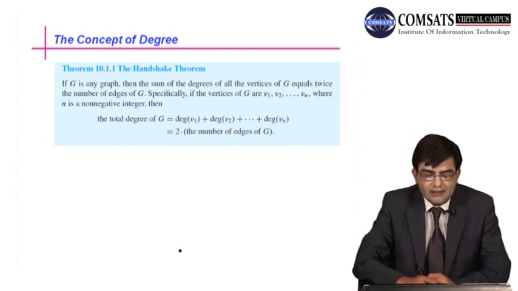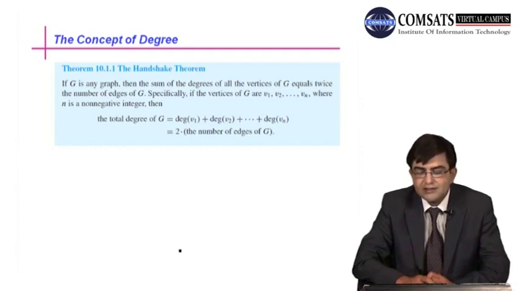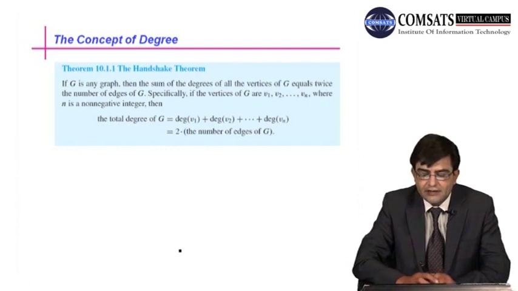It says that if G is any graph, then the sum of the degrees of all the vertices of G equals twice the number of edges of G. Specifically, if the vertices of G are v1, v2, and so on up to vn, where n is a non-negative integer, then the total degree of G is degree of v1 plus degree of v2 plus so on plus degree of vn, and this equals 2 times the number of edges of G. You can see the proof of this theorem in the book Discrete Mathematics by Susanna.